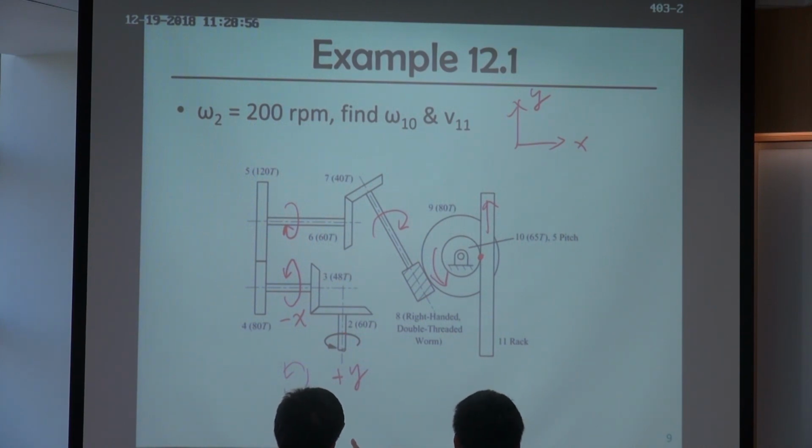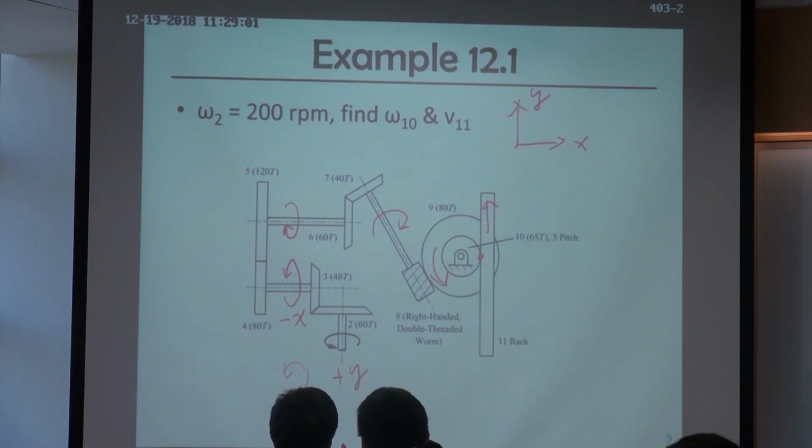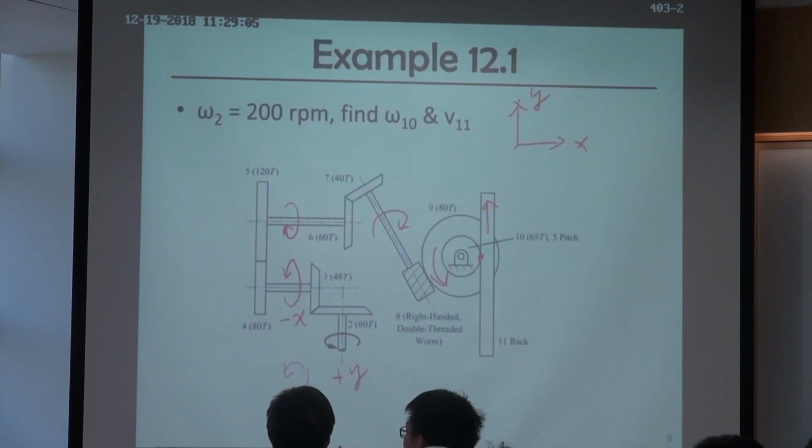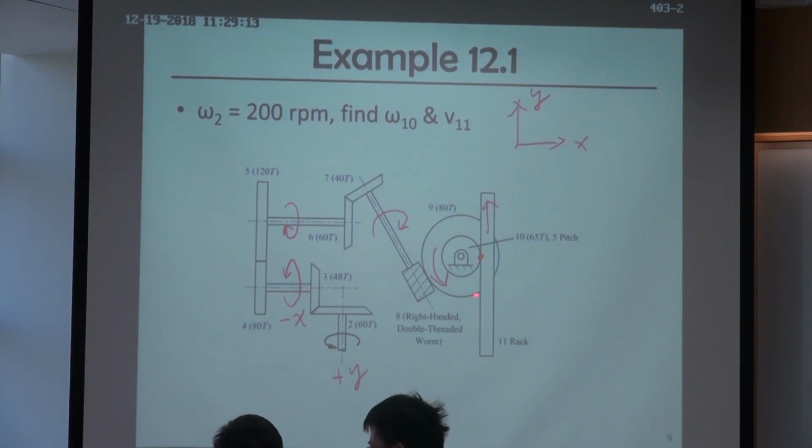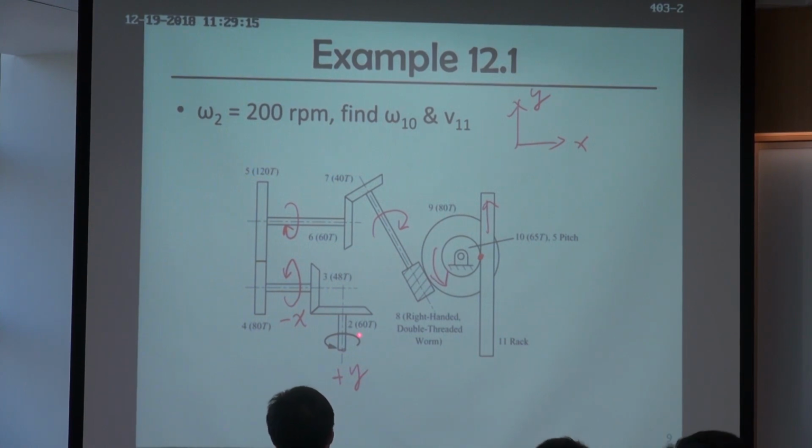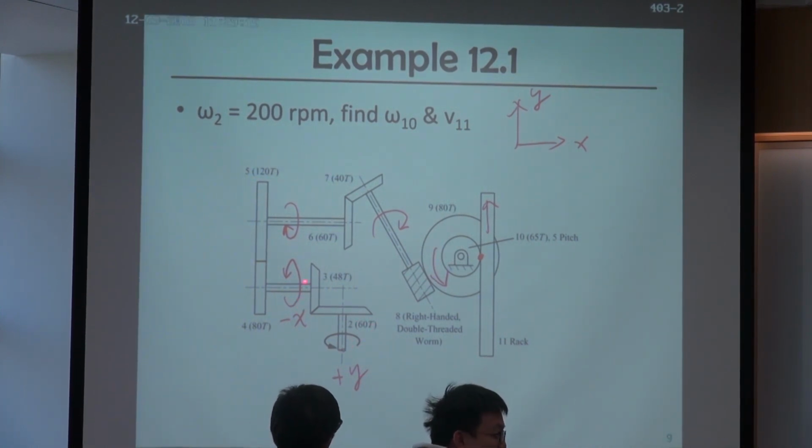It starts with positive y, and because it changed the axis to the x coordinate, if this one is rotating in positive y, this one is going to be negative x.